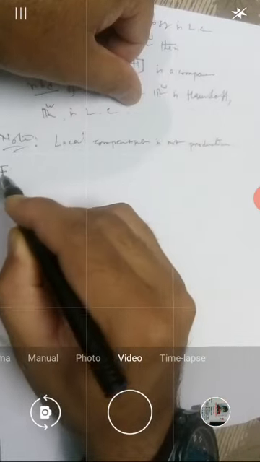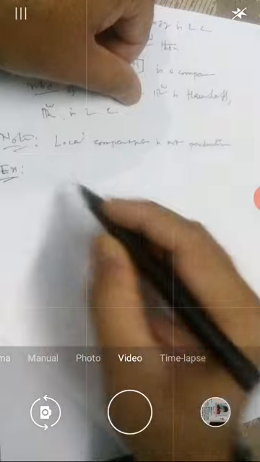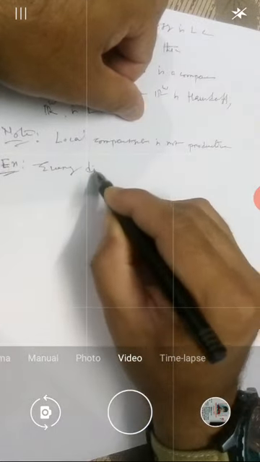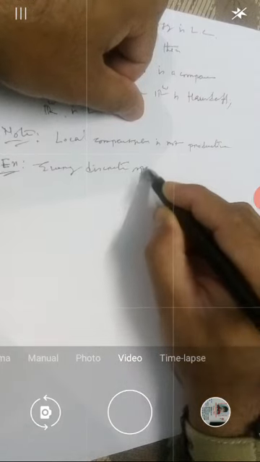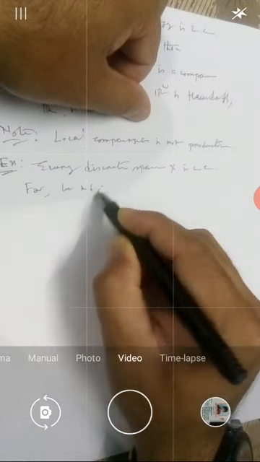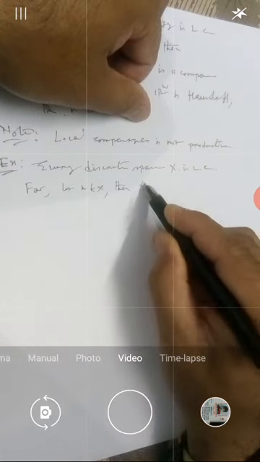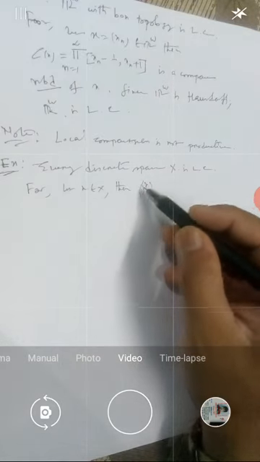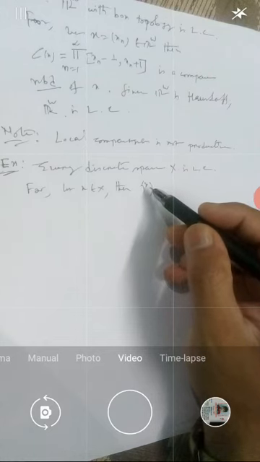Okay, now let's come to another point. Every discrete space X is locally compact because, very easy, let x in X. Then the singleton {x}, in the case of a discrete space every subset is open, so this singleton set is open, an open set containing x, so it is also a neighborhood of x.